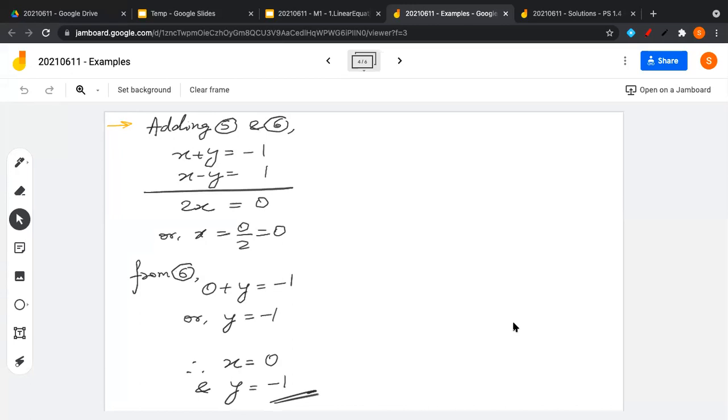Very good. You also got the answers correct. Let's see if Prachi and Chand are also able to complete. Very good, Chand. Yes, Prachi, x equals 0 and y equals -1. Good. We have got 3 correct answers.